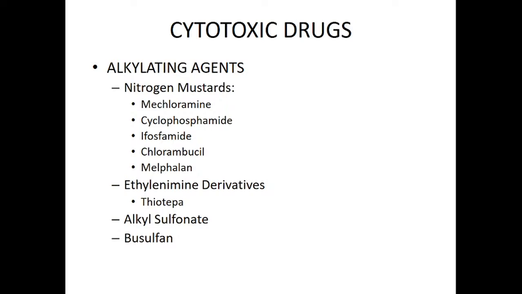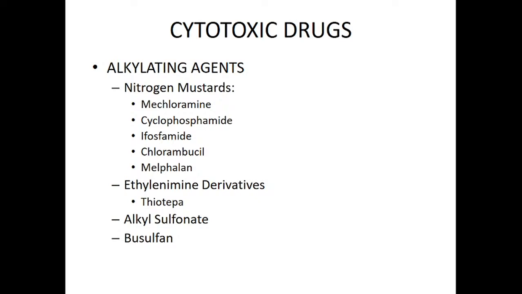Now what will be the side effects of busulfan? Busulfan can cause bone marrow depression, but what is the subtle, clear difference with busulfan? Busulfan has the ability to primarily suppress granulocytes. Second, it will suppress platelets. Third, it will suppress RBC.